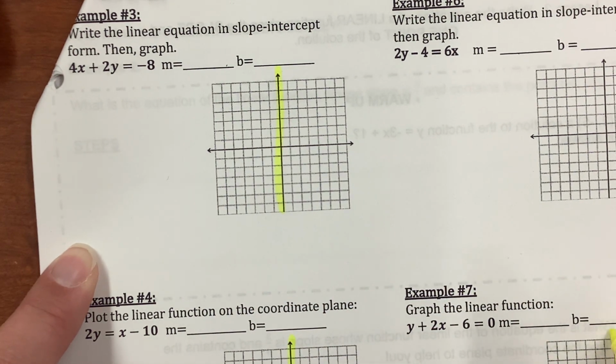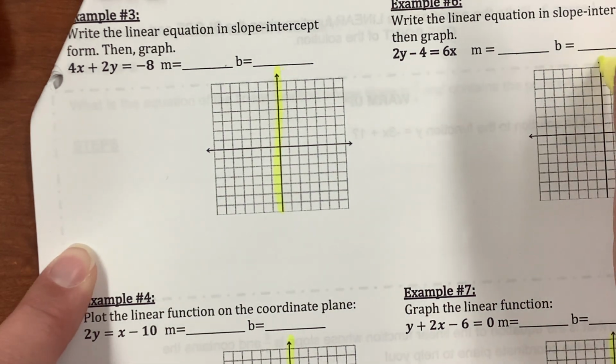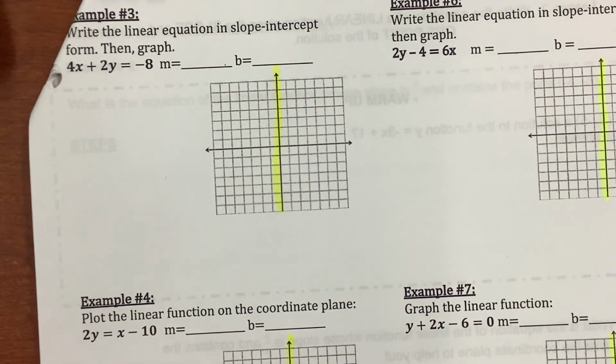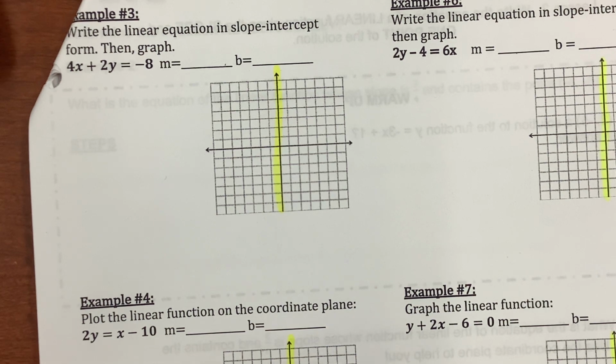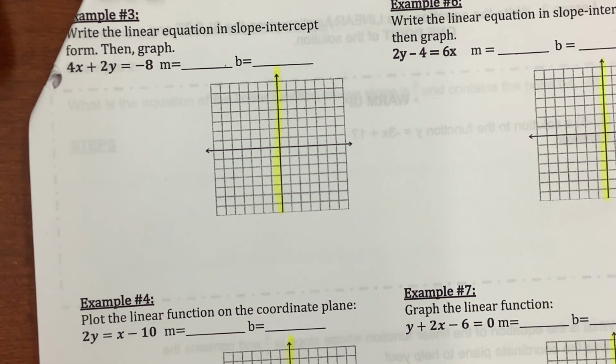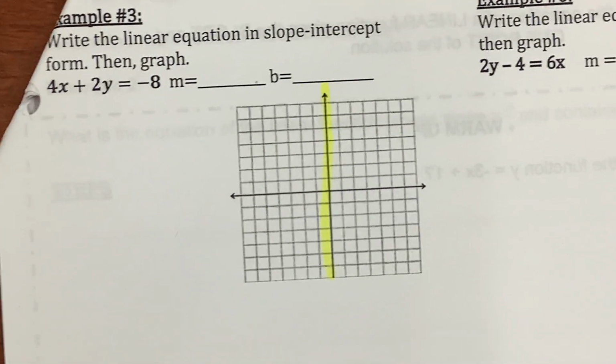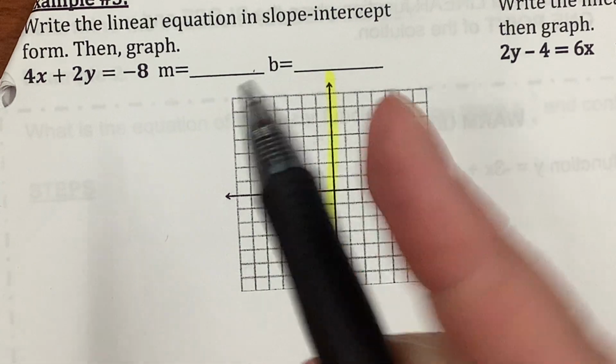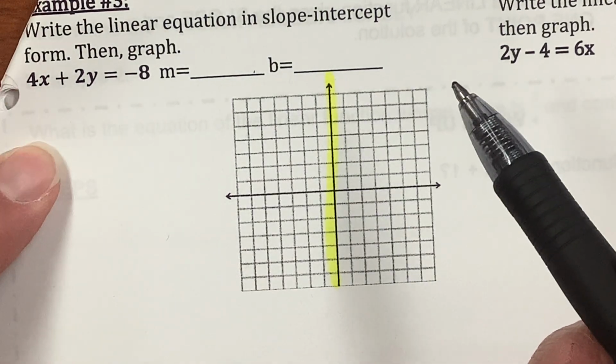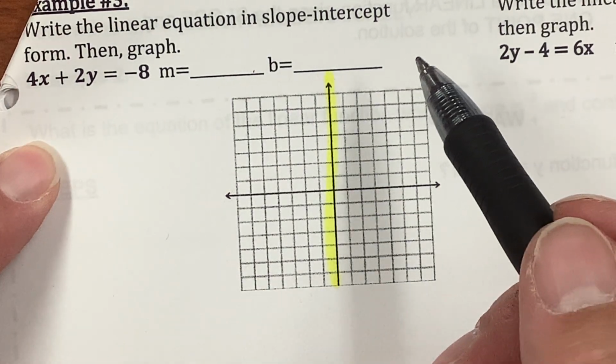Every graph has a highlighted y, because it makes it easier in the end, since you begin on the y-axis. And here's problem number 3. Write the linear equation in slope-intercept form, then graph.